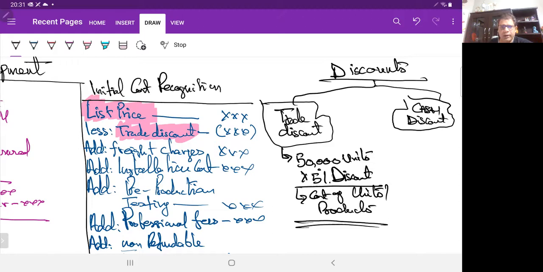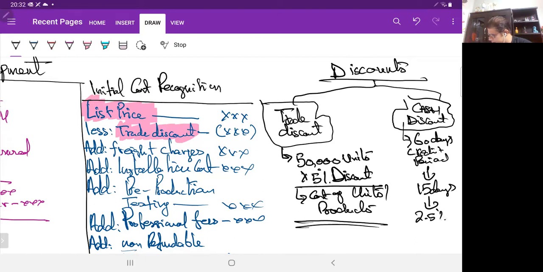That's trade discount. Now the cash discount. What is cash discount? The supplier told you, buddy, you have a 60 days credit period, but if you give me payment within 15 days, I will give you an extra 2.5% discount.